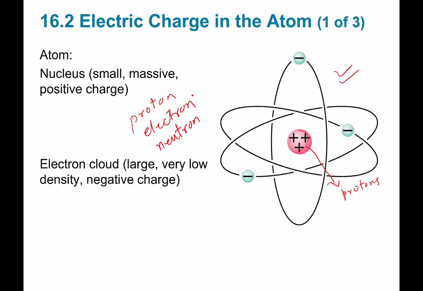Other charge carrying particles are observed in cosmic rays and nuclear decay and are created in particle accelerators. If you have learned about CERN in Geneva, you have particle colliders where experiments have been conducted to create antiparticles as well.